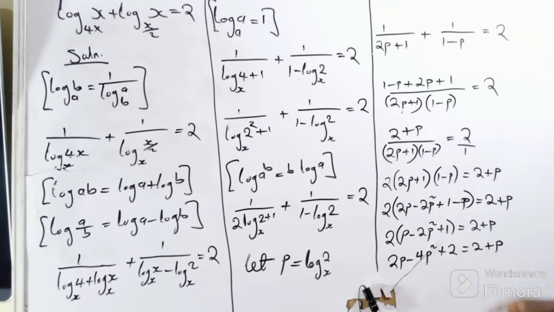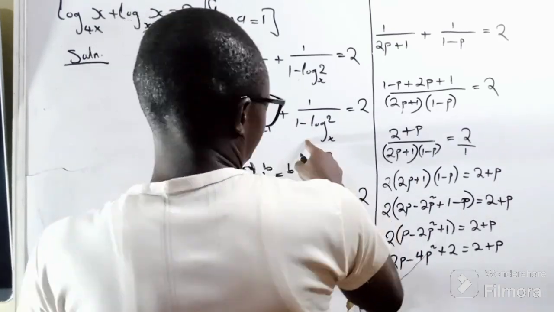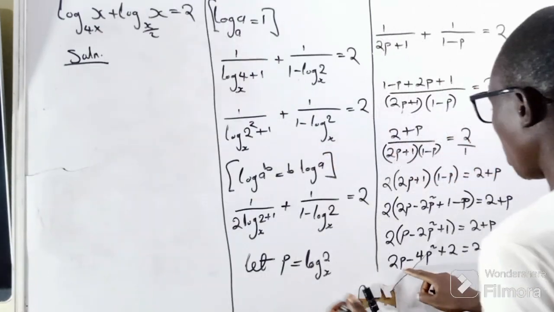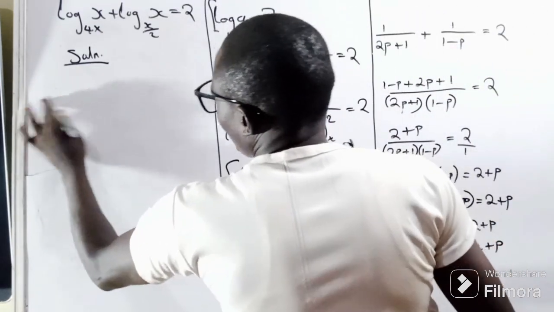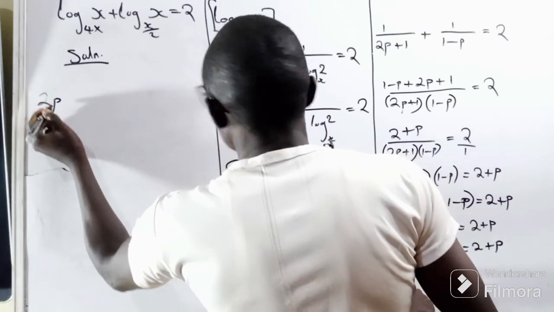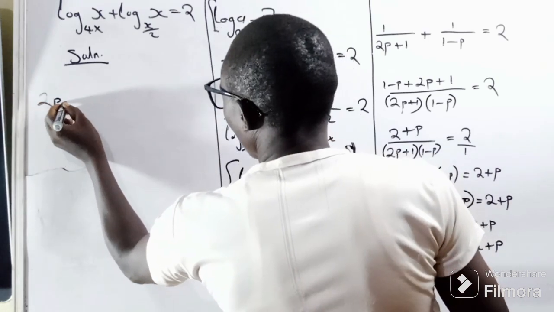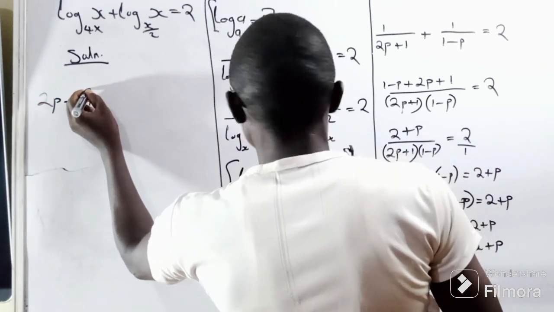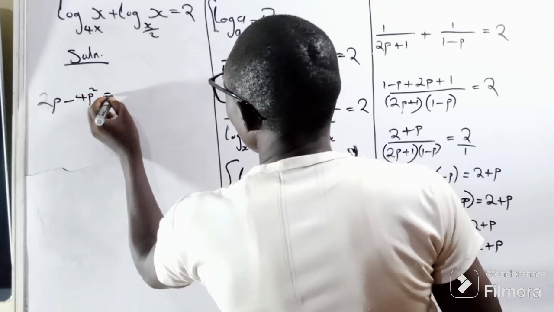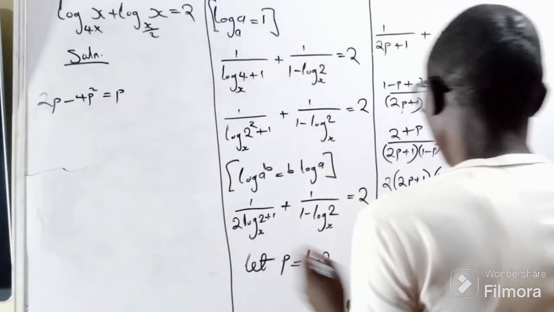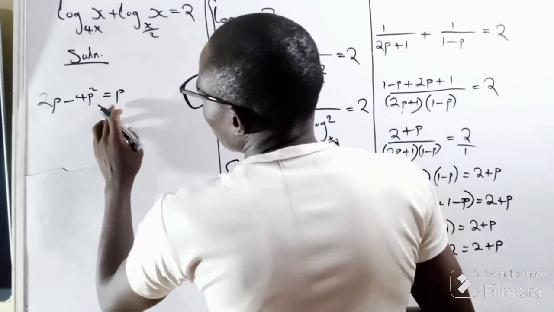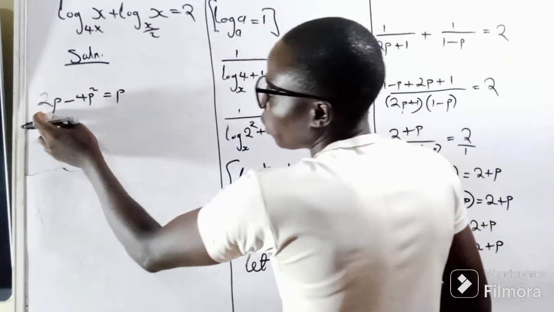So allow me to clean the other side. So I'm going to have 2p minus 4p squared is equal to p. So that is that. So this p will have to cross the other side.